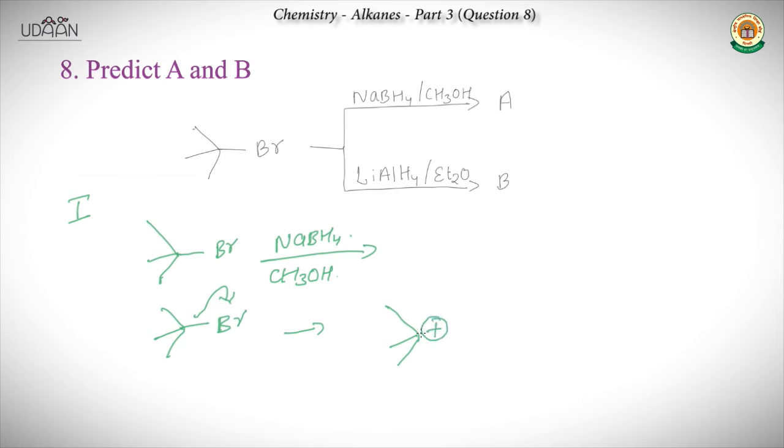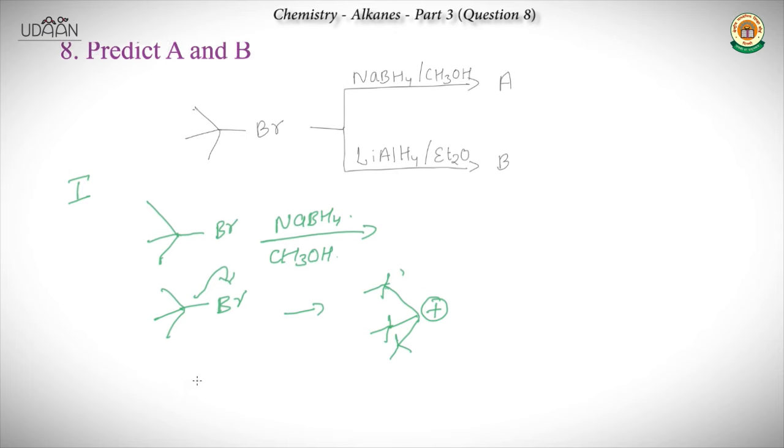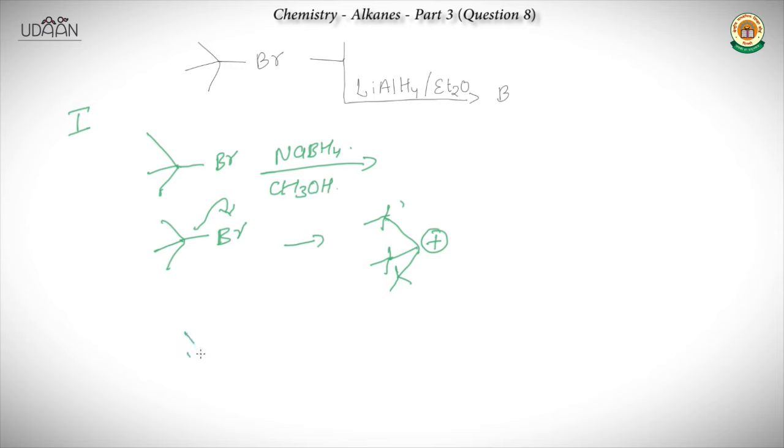Unlike the previous reaction, this proceeds because you have 3 methyl groups attached to this carbon atom, and this is stabilized by 9 hyperconjugations, one from each C-H bond. So the product is: now sodium borohydride will supply hydride ions, and you will get H as the product.